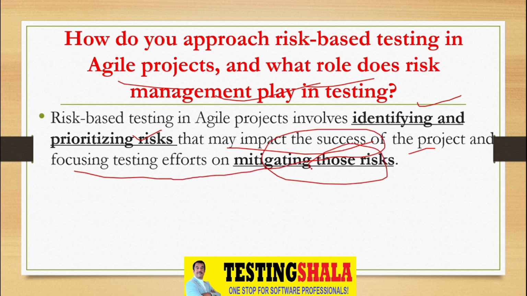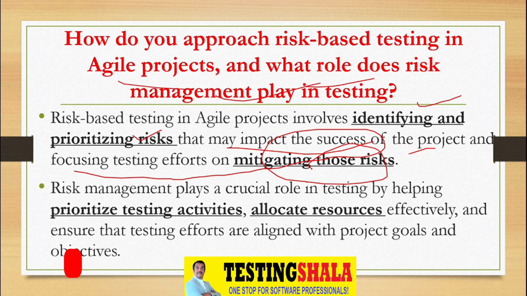Risk management definitely plays an important role where prioritization is very much required for testing activities because resources are limited. By planning effectively, we can allocate the resources efficiently, which helps us deliver project goals and objectives in a quicker manner.